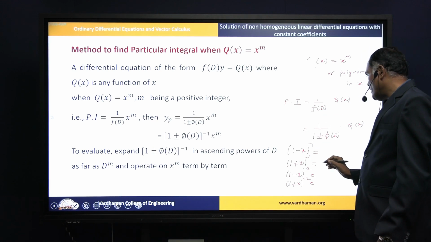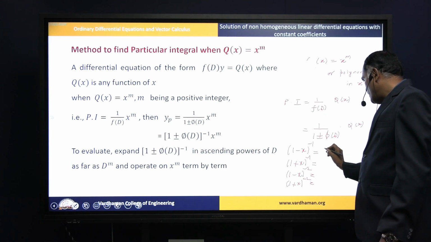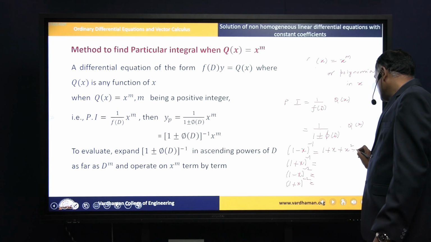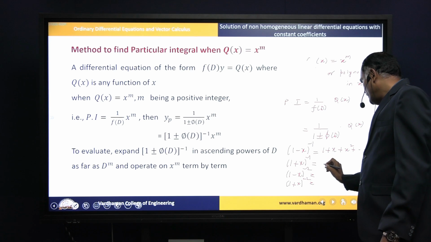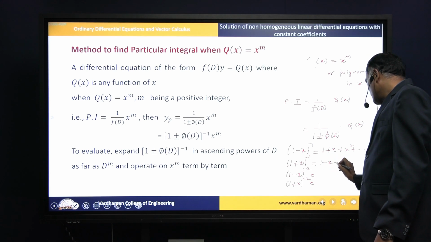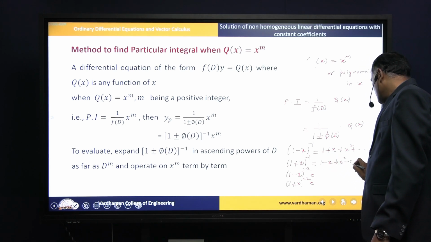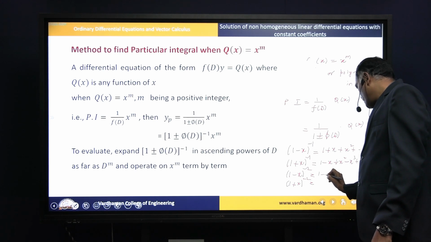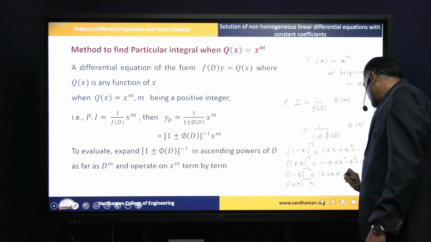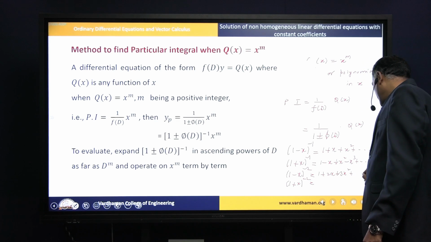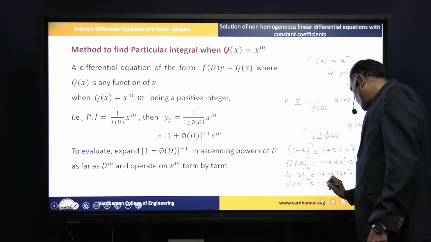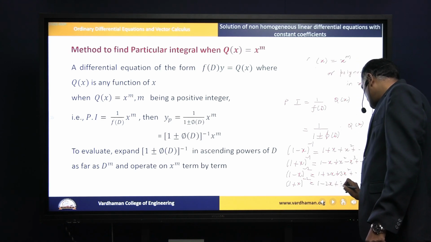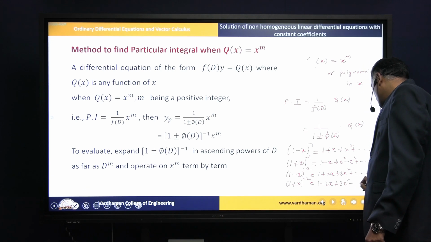Now what are these formulae? (1 minus x) whole power minus 1 is 1 plus x plus x square and so on. (1 plus x) whole power minus 1 is 1 minus x plus x square minus x cube and so on. (1 minus x) whole power minus 2 is 1 plus 2x plus 3x square and so on. (1 plus x) whole power minus 2 is 1 minus 2x plus 3x square and so on.